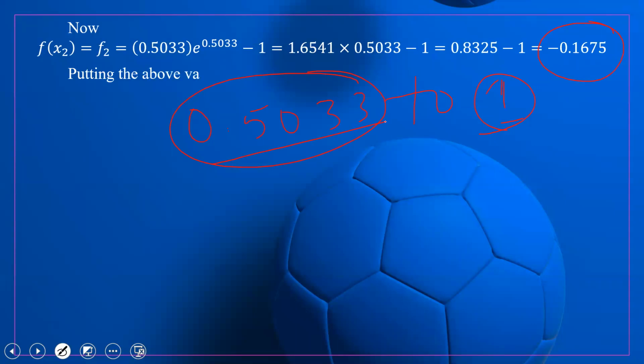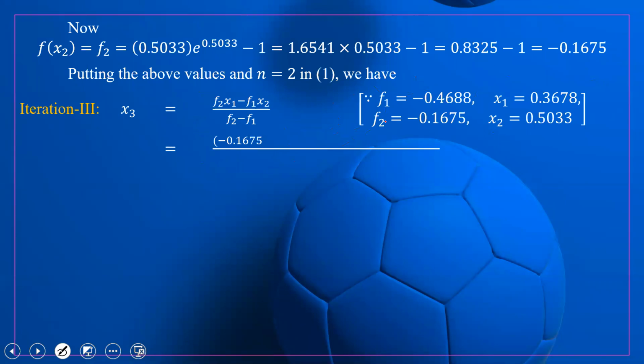So I think the same mistake will be done over here. Okay, this is not correct. So according to that, this is what we have to do. The root will lie between 0.5033 to 1. Okay, so we consider according to that and we make changes over there.